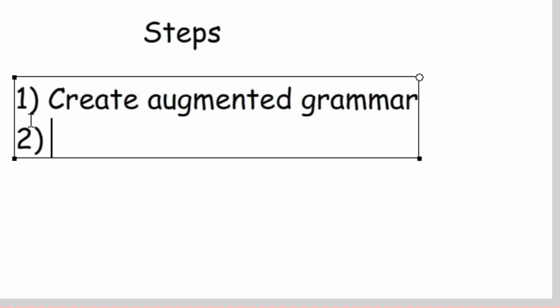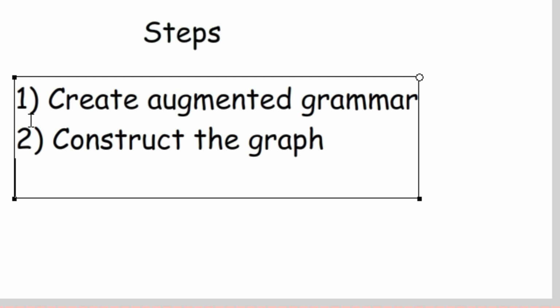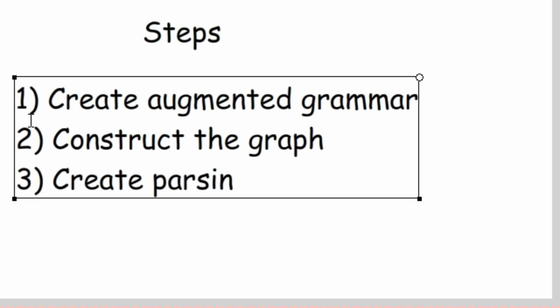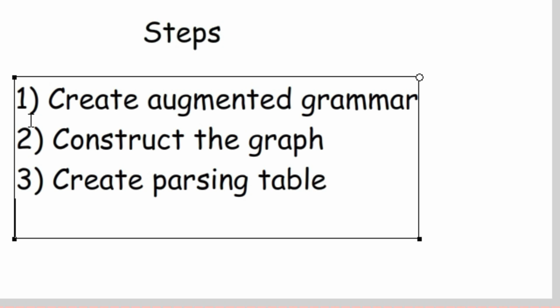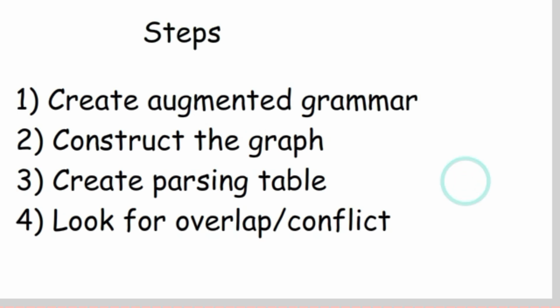The second step is to construct the graph. Third step is to create parsing table. Fourth step is to look for overlap or conflicts. Overlap is the same as conflict.